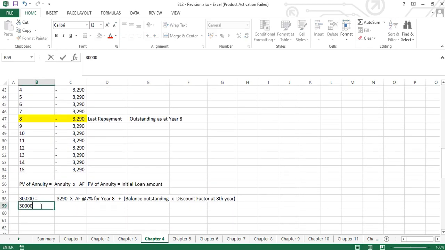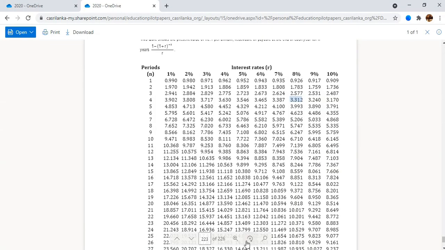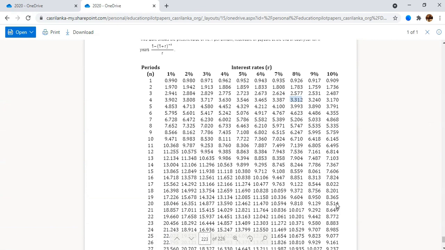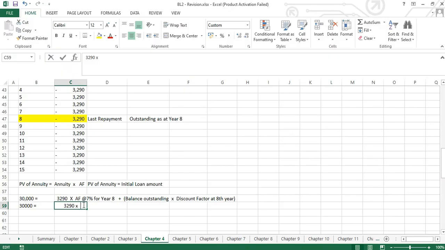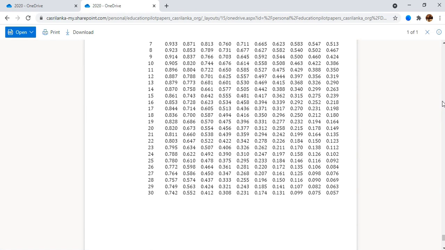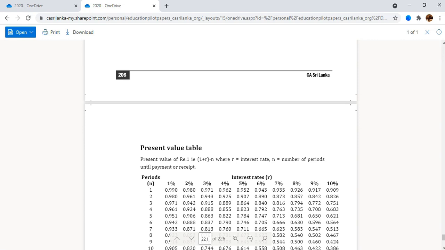Hence, if you substitute the values, 30,000 equals 3,290 multiplied by the annuity factor at 7% for year 8, which is 5.971, plus the balance outstanding multiplied by the discount factor at the 8th year.